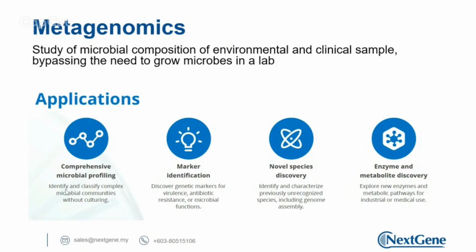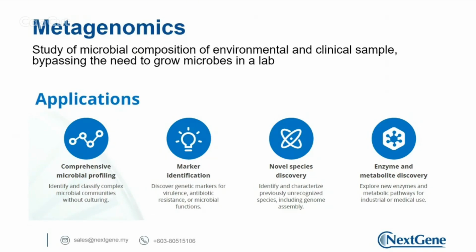Who are they? The metagenomics approach is different from the traditional culture approach. We normally do not need to do isolation or culturing in order to identify the members, the bacteria, or the microbes inside the samples. With metagenomics, we are also able to identify some useful markers.